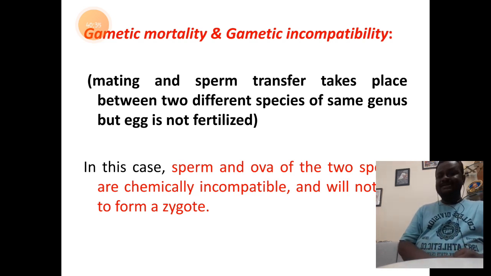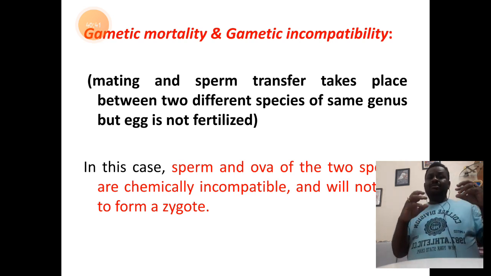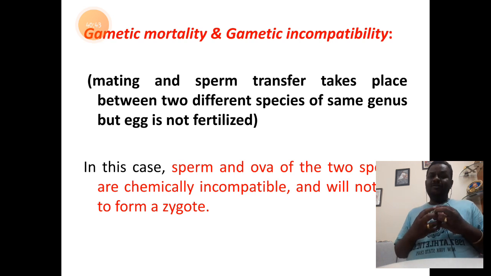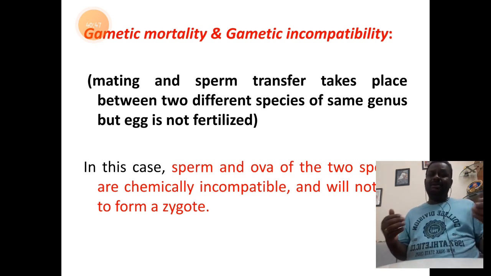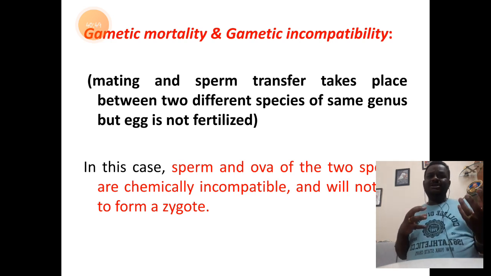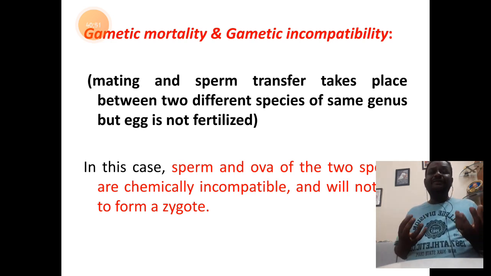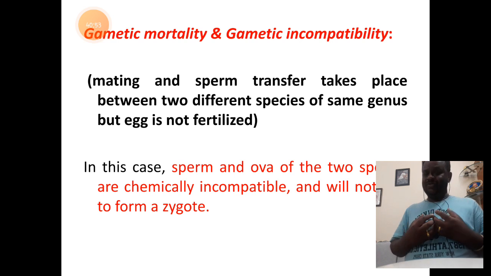So, mating occurs, sperms are transferred, but the two different species show incompatibility with the gametic structures.